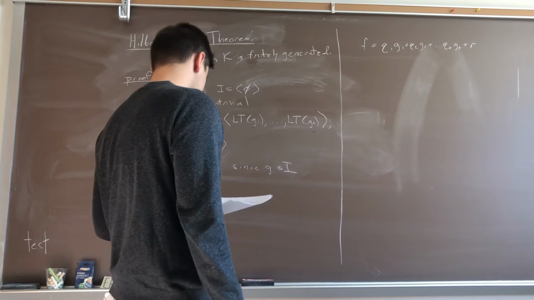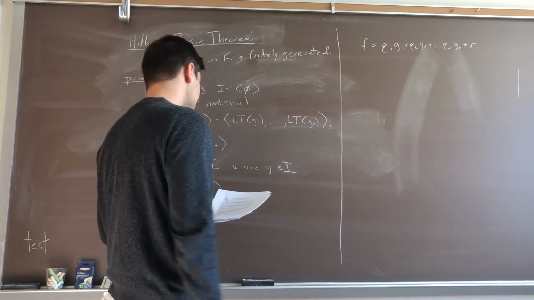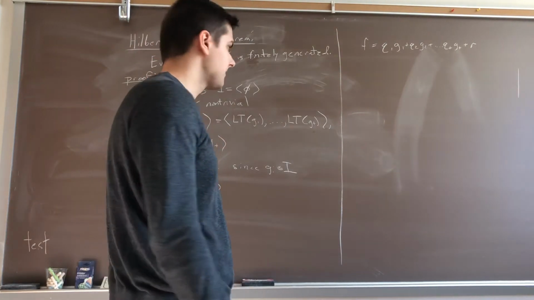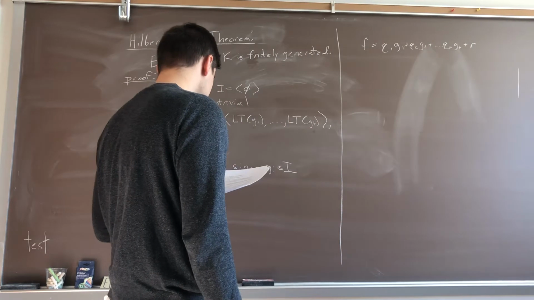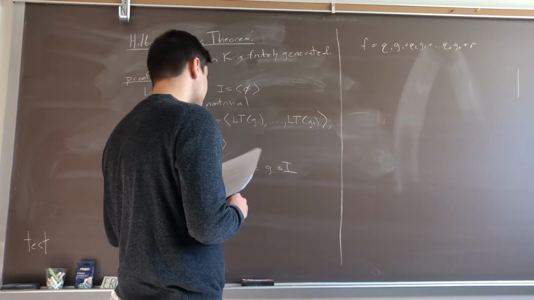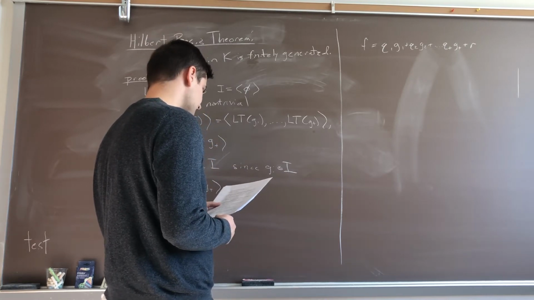Okay? And now all that we need to show is that r is 0, and it follows that this function is in the ideal. This follows from some propositions from the first presentation.